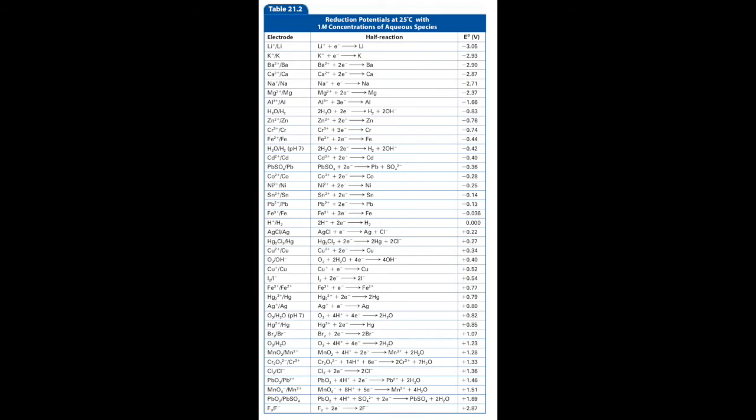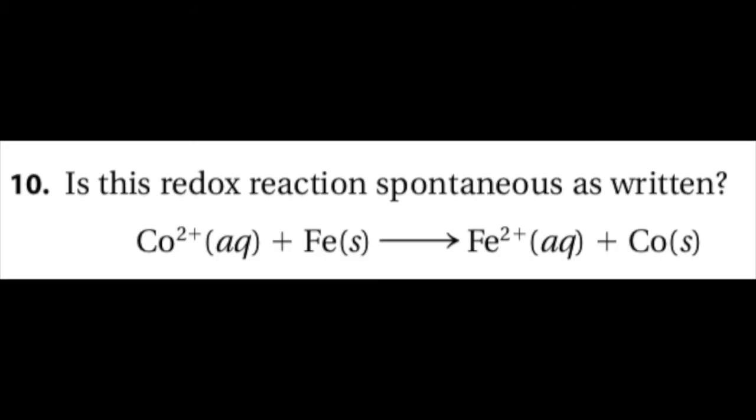So about a third of the way down, it's like 15th or 16th, you see the cobalt is going to be about negative 0.28, and the iron, a few above that, is going to be negative 0.44.